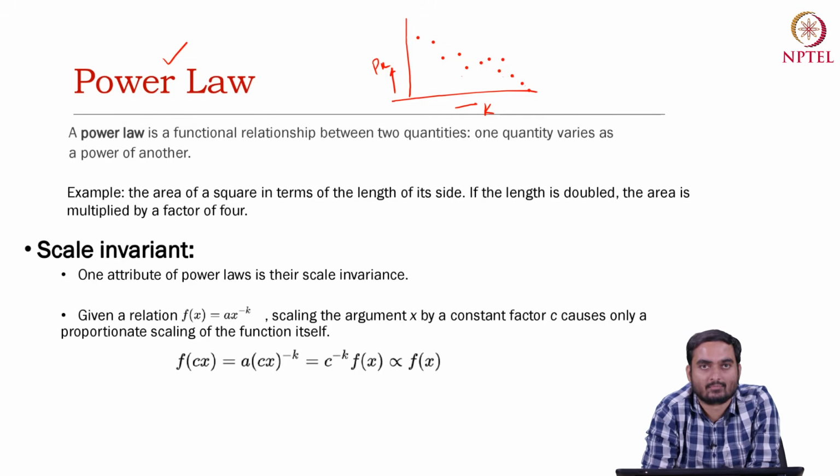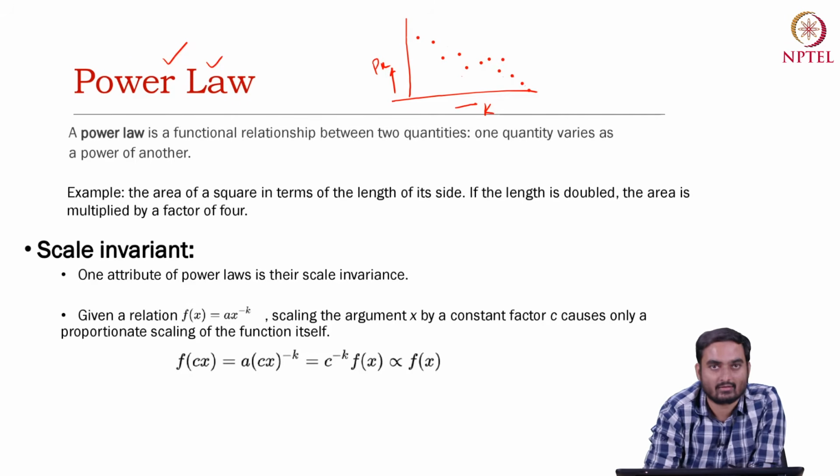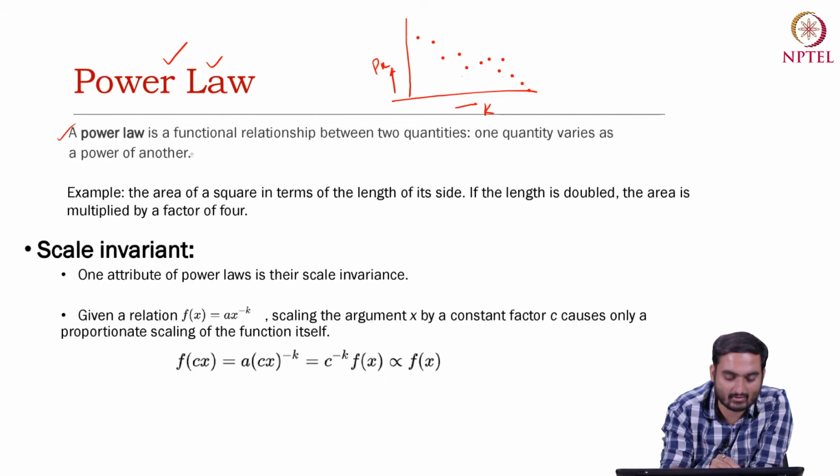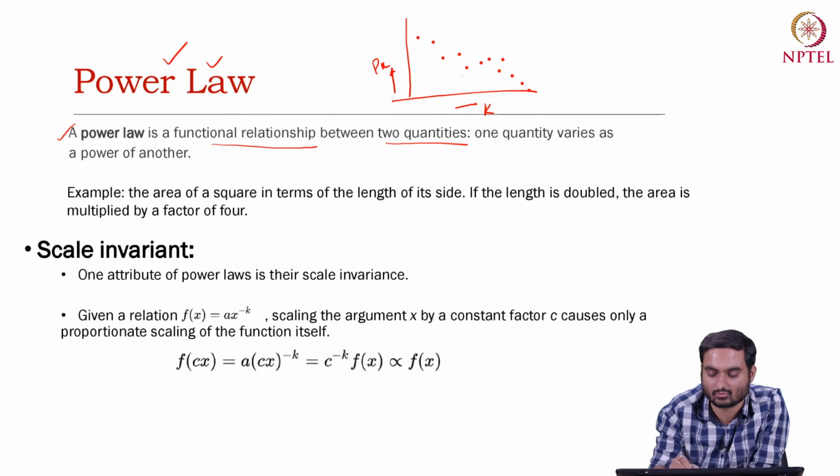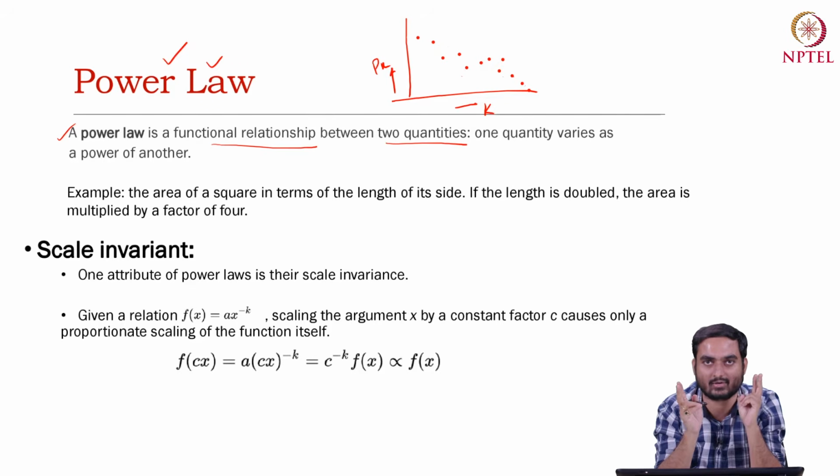What is power law? Power law is a particular function. For example, we have heard about logarithmic function, we have heard about linear function. Power law is also another type of function. A power law is a functional relationship between two quantities. We have two quantities x and y, and power law indicates a particular relation between x and y.